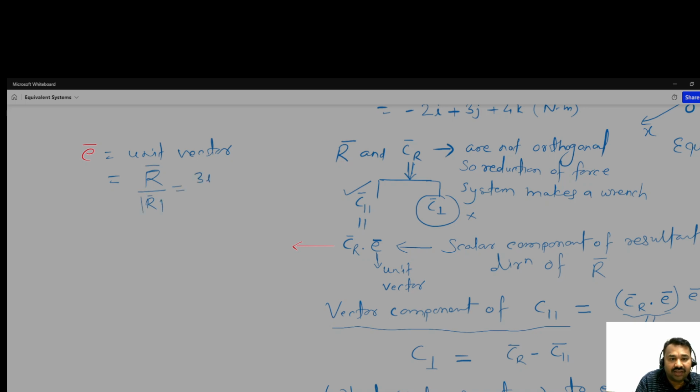So this is 3i plus 4j plus 5k divided by the square root of 9 plus 16 plus 25, which is 3i plus 4j plus 5k divided by the square root of 50. Then coming to this part, it is the multiplication of CR. And what is CR? Once again, I am writing, we have to get C parallel.